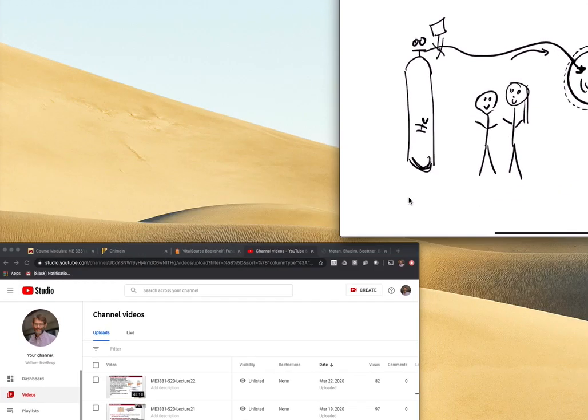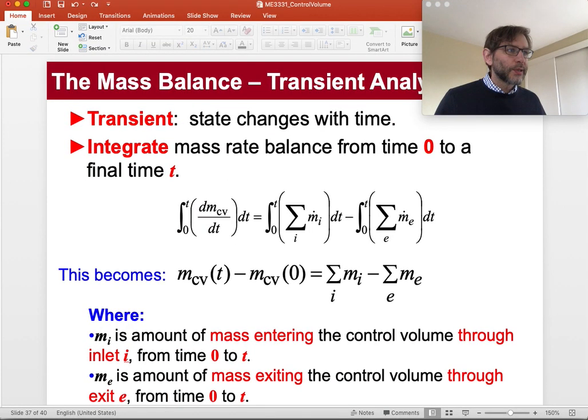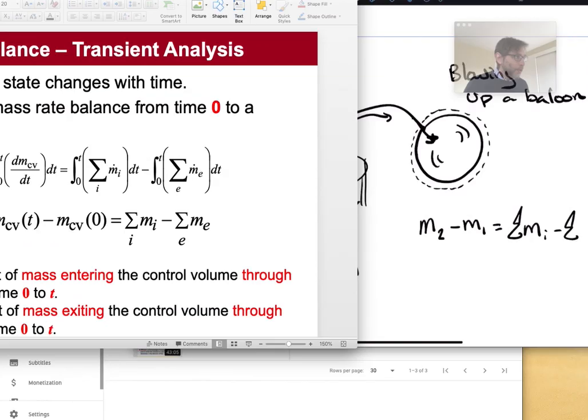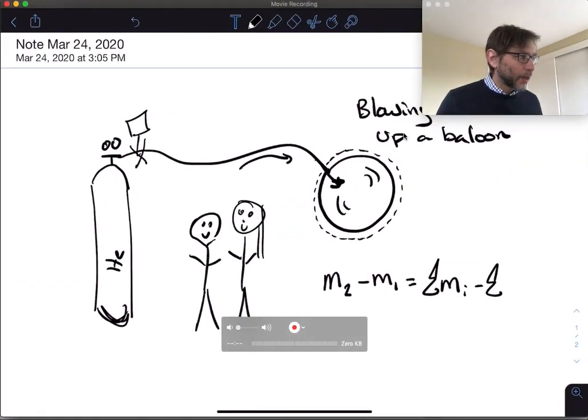We'll go back to our equation here and look at this analysis. We can say that the mass of the control volume at state 2 minus the mass at state 1 is equal to the sum of the mass going in minus the sum of the mass going out.